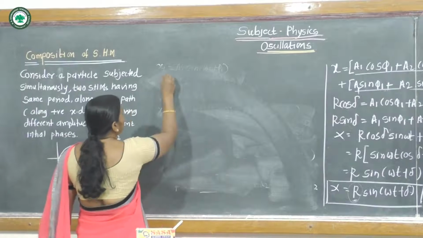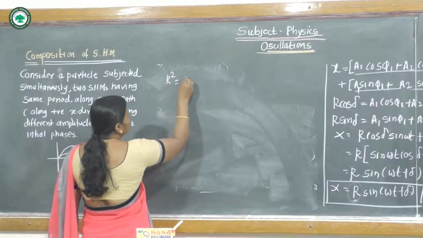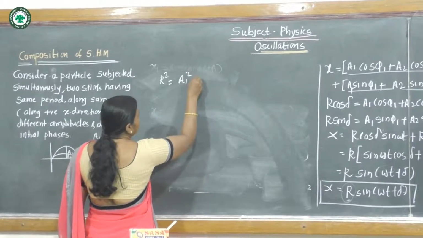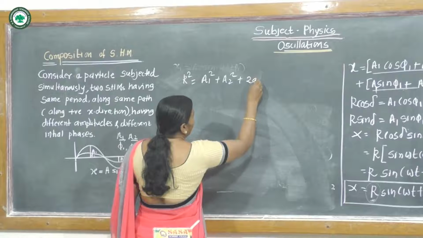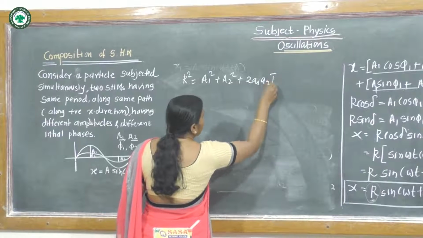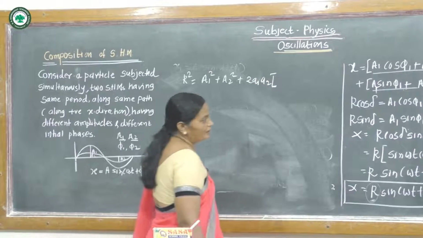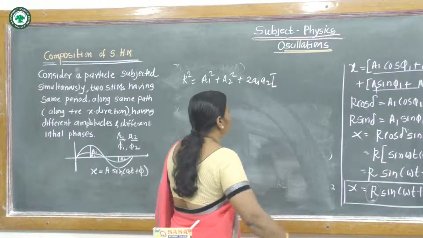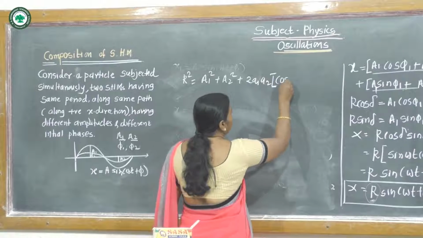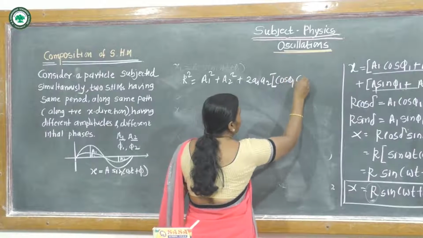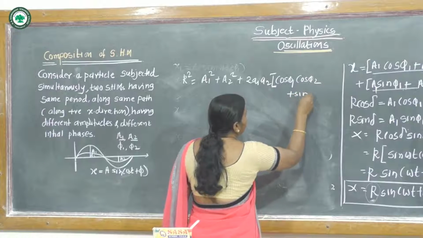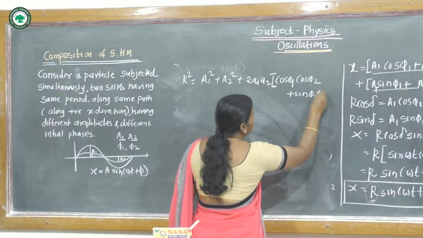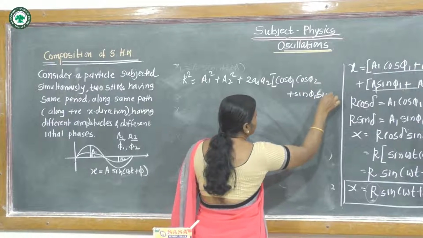R into 1, R square is equal to A1 square plus A2 square plus 2A1 A2 in the bracket cos phi 1 into cos phi 2 plus sin phi 1 into sin phi 2.